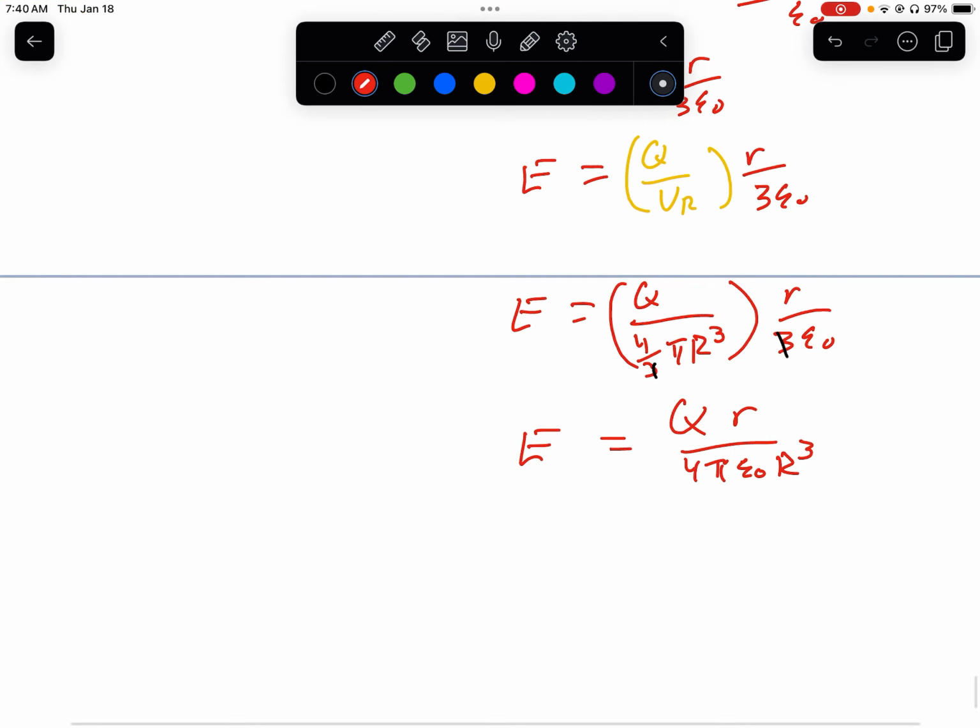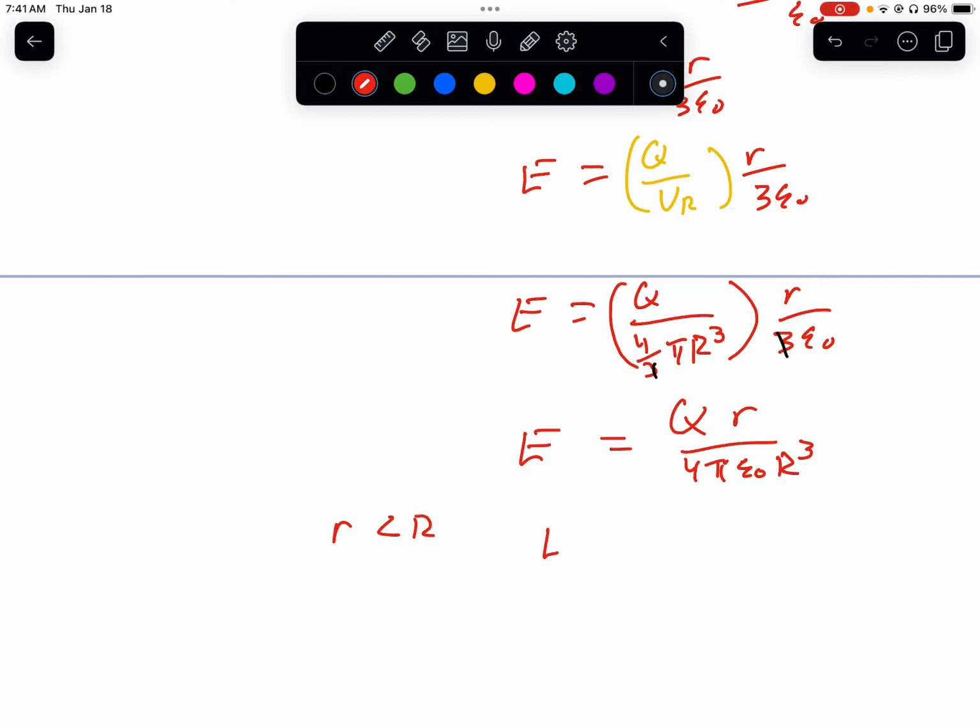Like I said, it looks kind of messy, but Q is just some value, some charge in coulombs. 4 pi is 4 pi, epsilon naught is a constant on the equation sheet, and the big R is however big the sphere is. Really the only variable is the little r. This is for r less than big R, so we're underneath the surface.